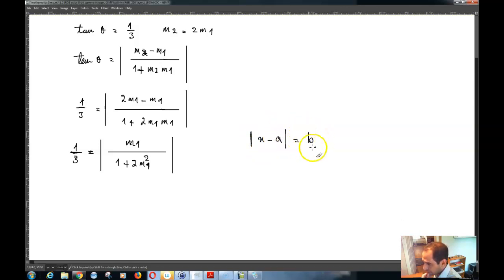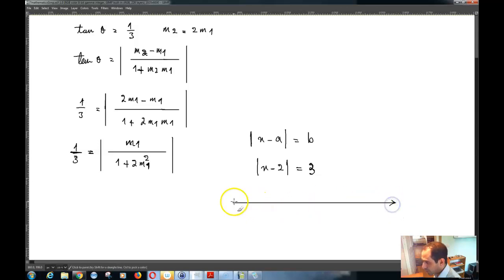Meaning that if I say, for example, the absolute value of x minus 2 is equal to 3, what that means is that x is a point whose distance from the point 2 is 3 units.